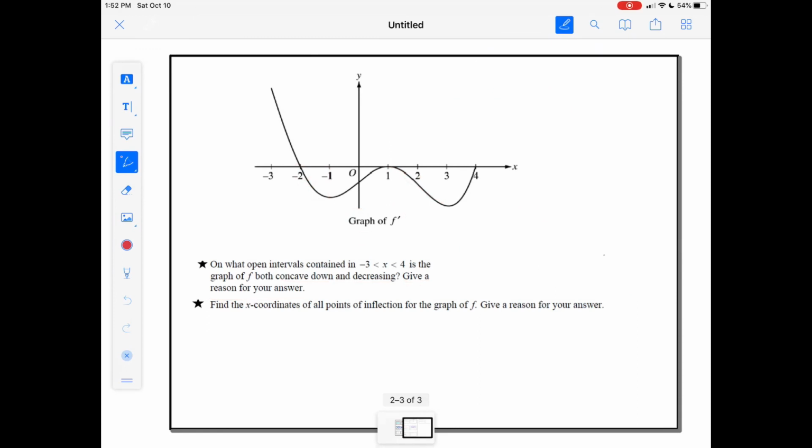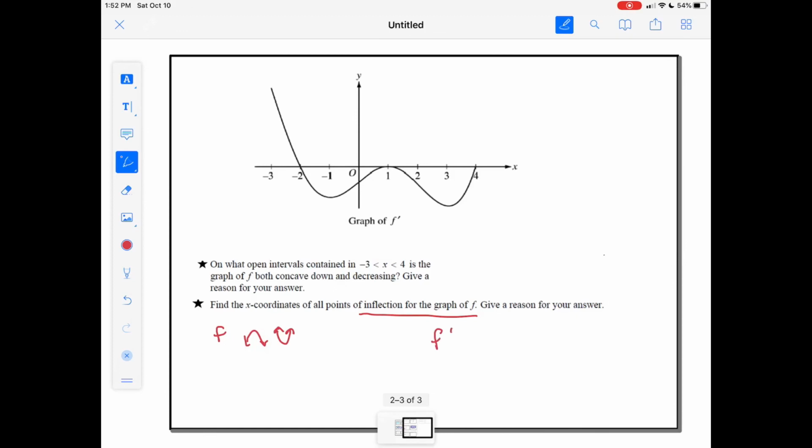Now for the second part of this question, they're asking us to find all the inflection points of f. And remember, if I'm looking for the inflection points, that's where my f would change concavity. It would go from concave up to concave down or vice versa. What does that mean though, relative to my f prime graph?